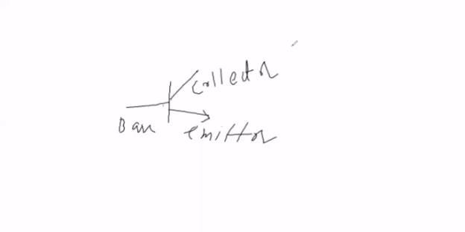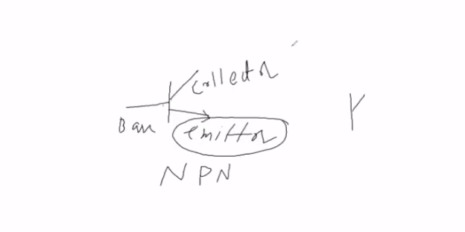Okay. So the emitter always shows an arrow. The emitter is represented by an arrow. For NPN, the arrow is outward. For PNP, the arrow is inward. Okay.